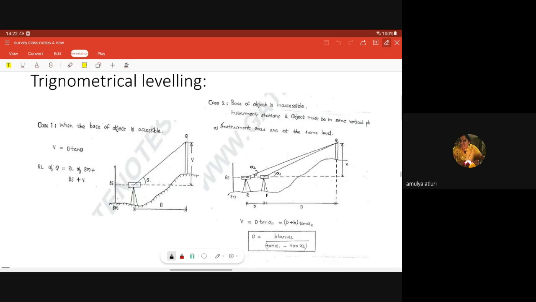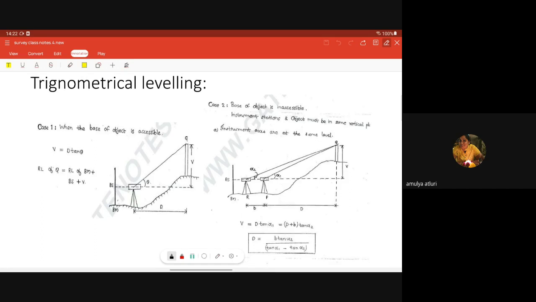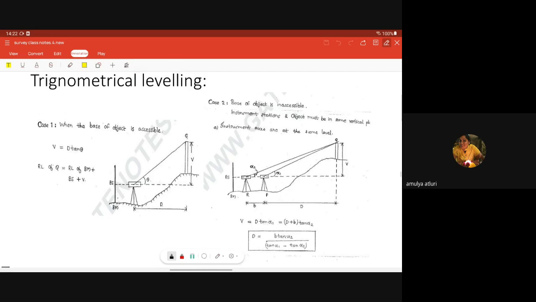Yes, I dealt with the trigonometric leveling yesterday. So I will just give a brief introduction of trigonometric leveling, and we will solve one problem on that. What is trigonometric leveling?